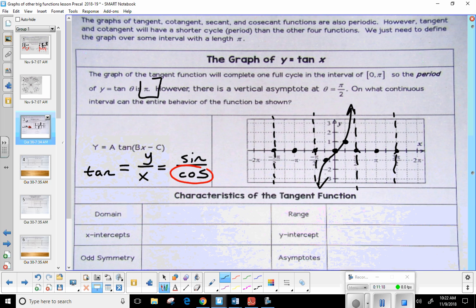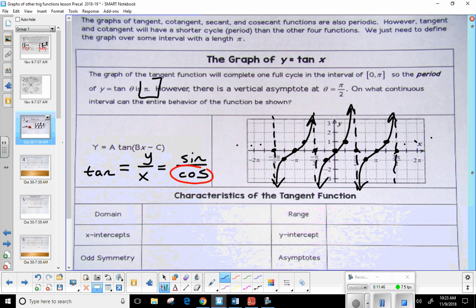So I could follow that same pattern between every set of asymptotes that I have. For this other intercept here at pi, I can go 1 to the right and 1 up, 1 to the left and 1 down. So I can draw the exact same graph. Over here at negative pi, 1 to the right, 1 up, 1 to the left, 1 down. There we go. And this is just going to repeat over and over again.